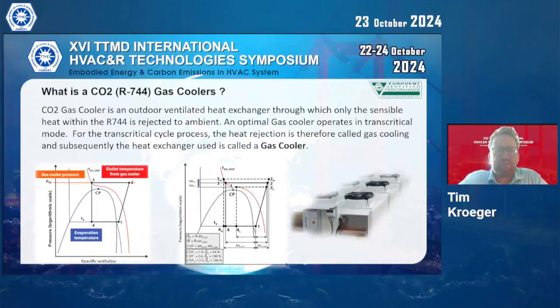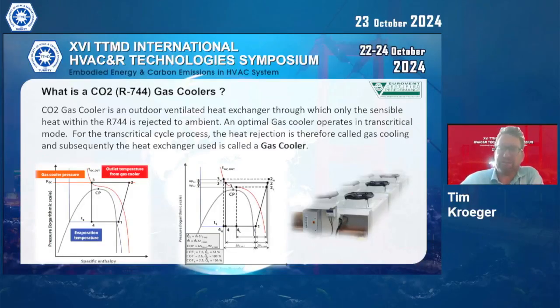One of the aspects of CO2 is that under certain conditions, an increase in CO2 gas cooler pressure. This is why, by the way, we call it a gas cooler and not a condenser, because we do not condense vapor into liquid. We cool a gas above the critical point. Under certain circumstances, an increase in the gas cooler pressure might lead to an increase in COP.